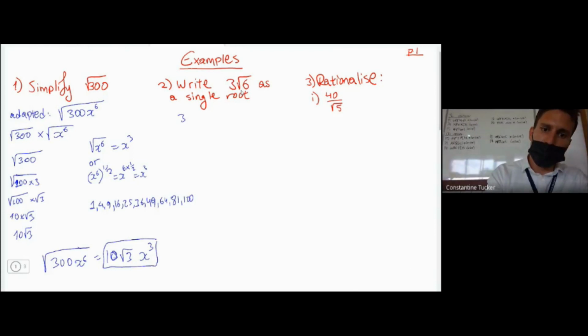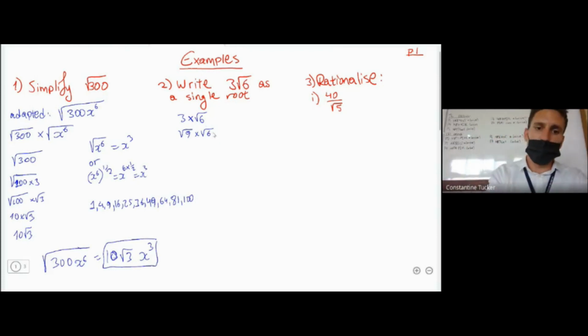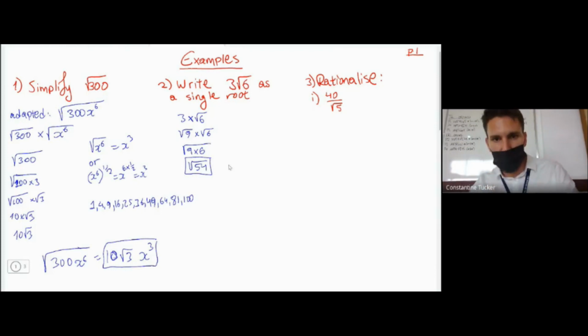So 3 times root 6, all we have to do here is rewrite the 3 as a root of something. And we know that the 3 is the root of 9. So in this case, effectively, we have the root of 9 times the root of 6. Now we can put the two into one big root and say it's going to be the root of 9 times 6, which is the root of 54. So that is what root simplifies to give us 3 root 6.